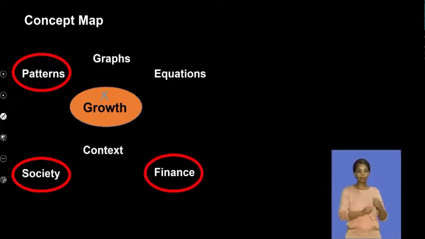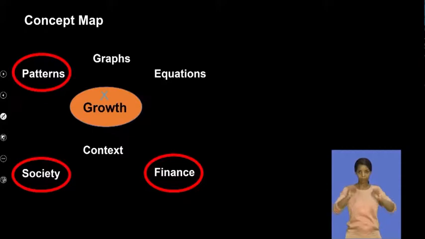And then we also went further to look at finance. With finance, we're looking at now, if you were to save this amount of money, what will happen? If you were to buy this at a certain price, but you can't afford to pay the whole amount, what must you do? Must you rather wait and save for 10 months and only buy it after 10 months, or must you still take it?